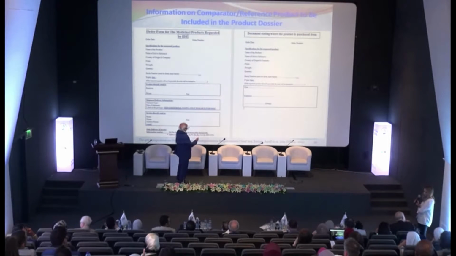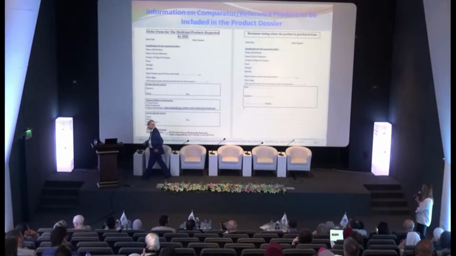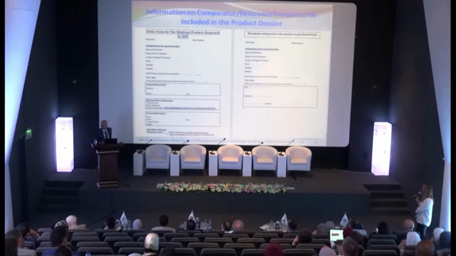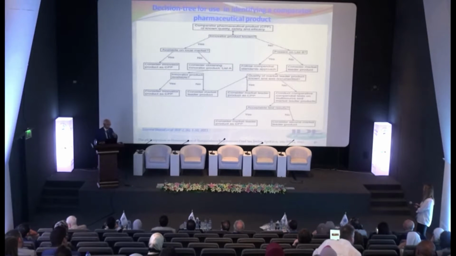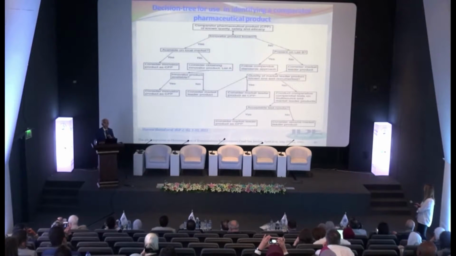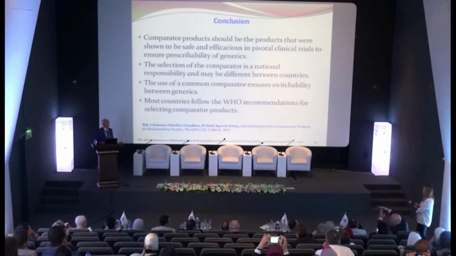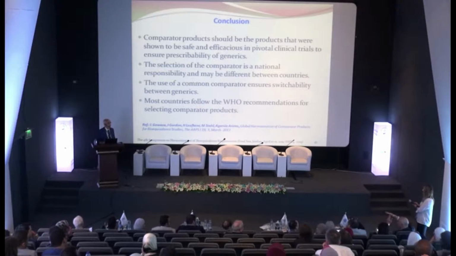More or less the same information, and the date, signature of the pharmacist, and stamp of pharmacy. This is the form. The last slide. You can use this as the decision tree for the comparator product.